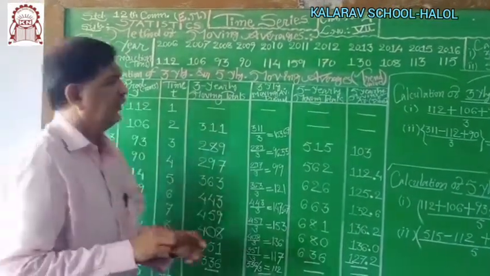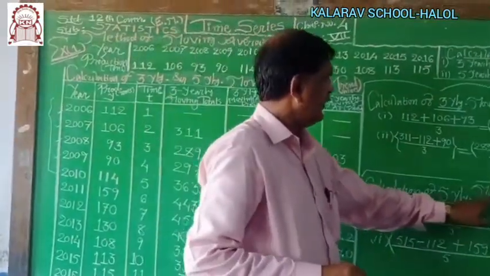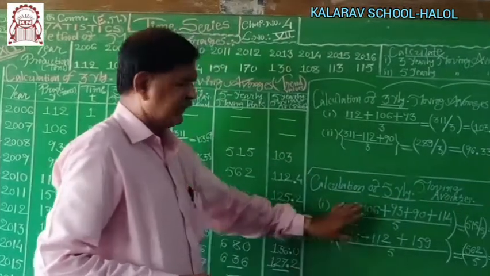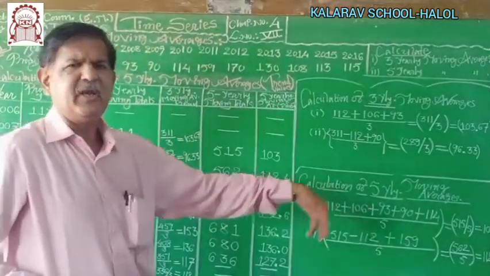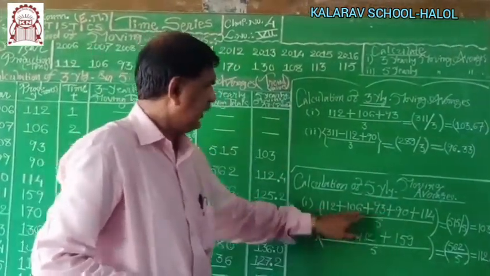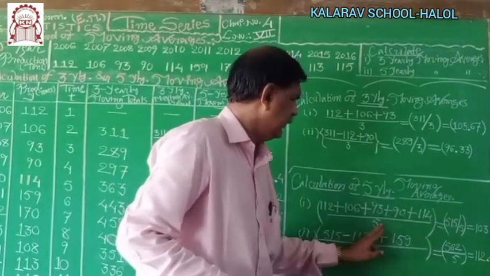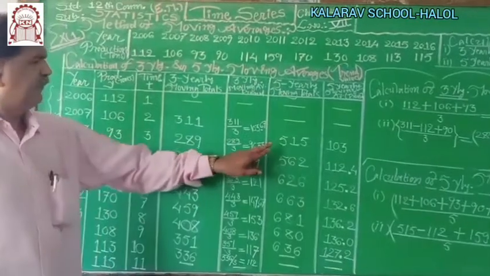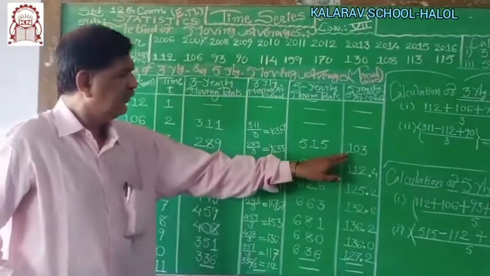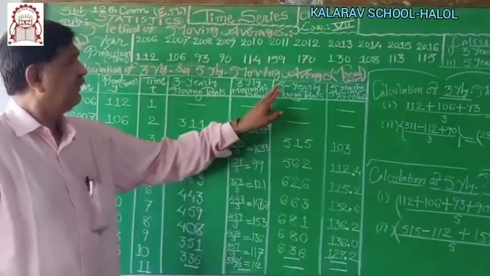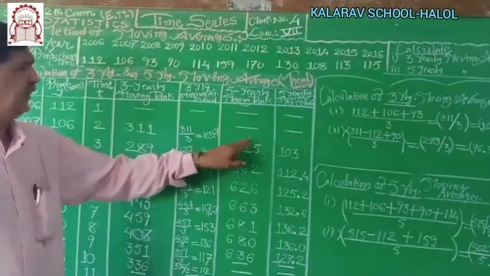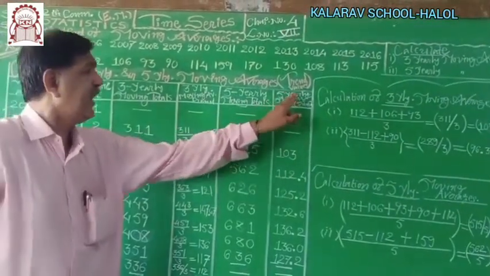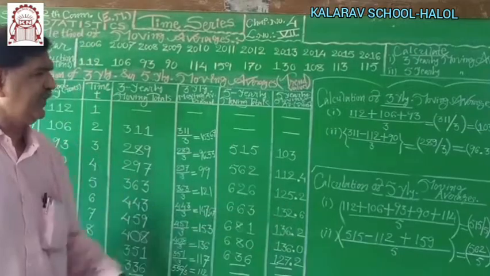This is the calculation of the 5 yearly moving total and average. First we get the total and then the average. Total of these 5 numbers is 515. If you divide it by 5, you get 103. This is the column of 5 yearly moving totals, and this is the column of 5 yearly moving averages, also known as trend value.